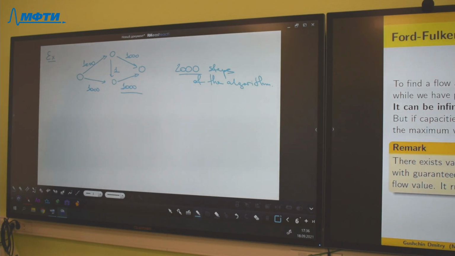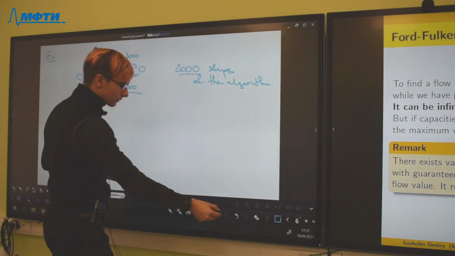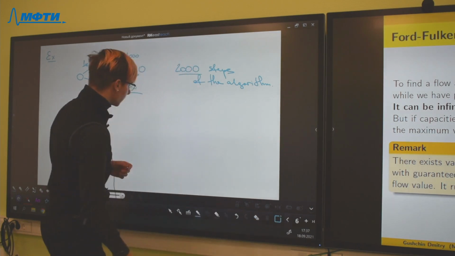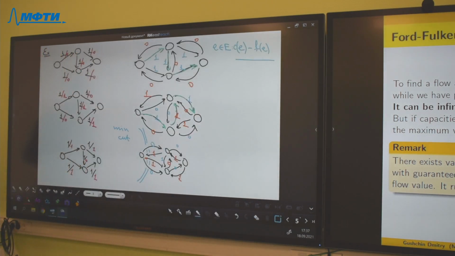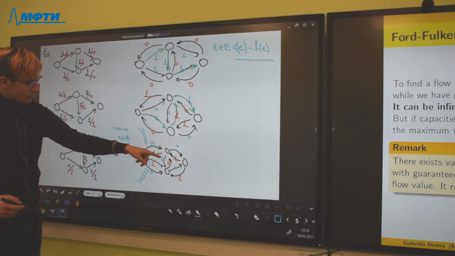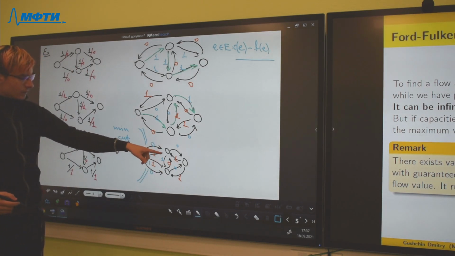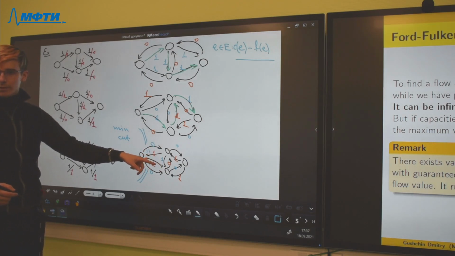Okay? And I can... Do you understand this? No. Why is it equal to 2000 steps? Okay, go back to this example. We can get an augmenting path through the middle edge in each step.